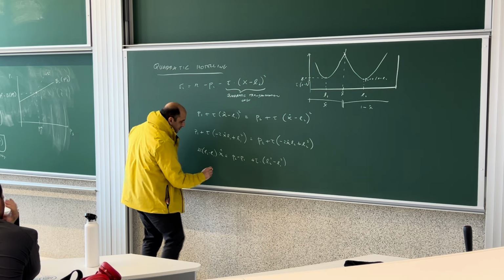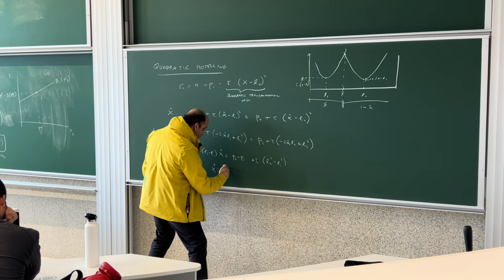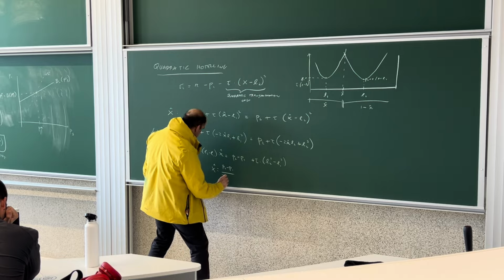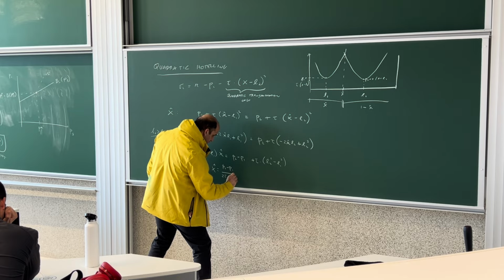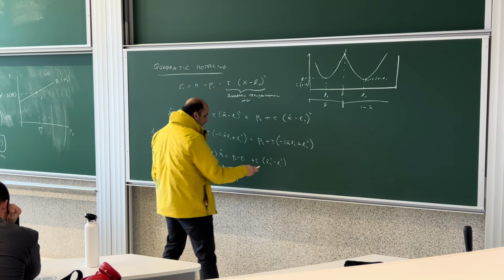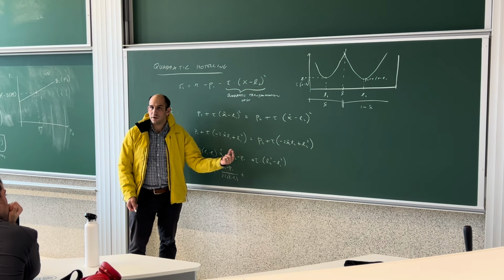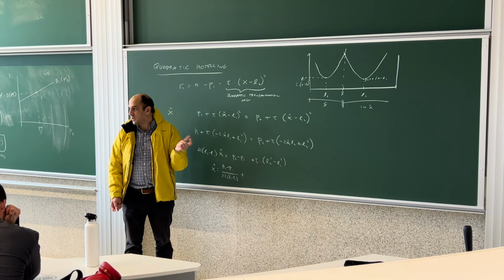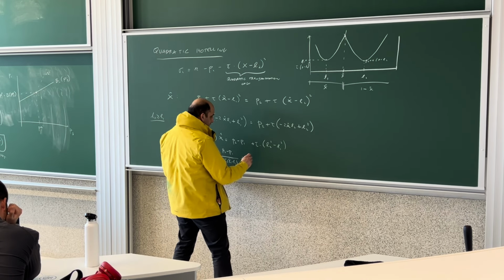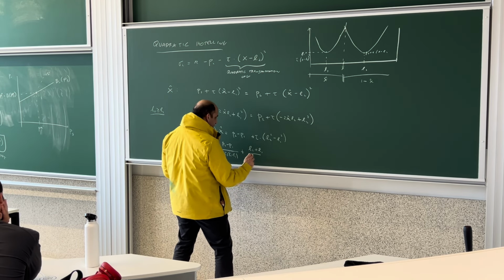Okay, and now x hat is equal to P2 minus P1 over 2 tau times L2 minus L1, plus, the tau cancels out here, and L2 squared minus L1 squared is L2 minus L1 times L2 plus L1. So that's going to cancel out, and then we're going to get L2 plus L1 divided by 2.